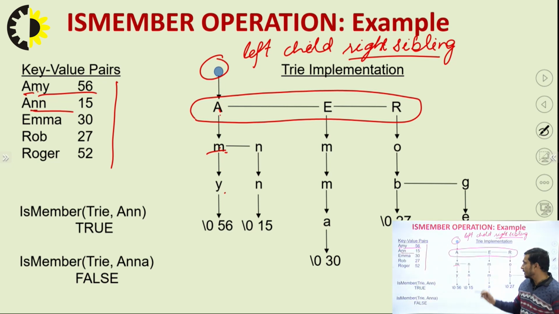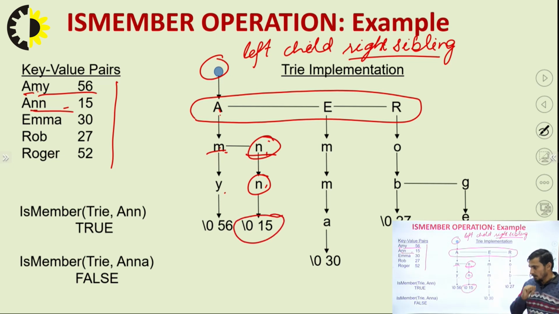We will add a new node at this level and store N there. After that, the next N will be stored in the children of this node N, and at last we will store the null character and the value for this N.